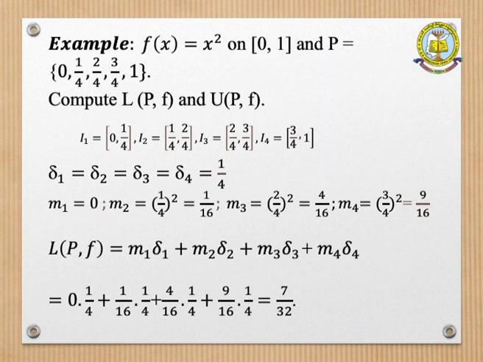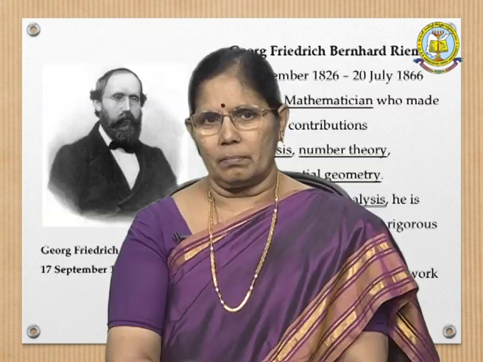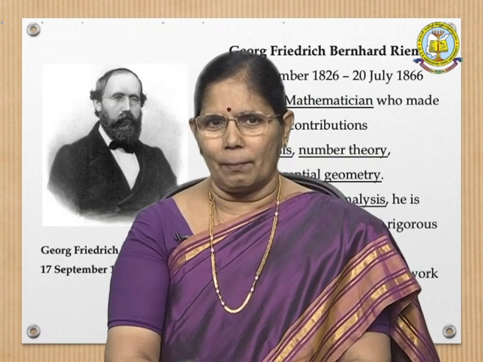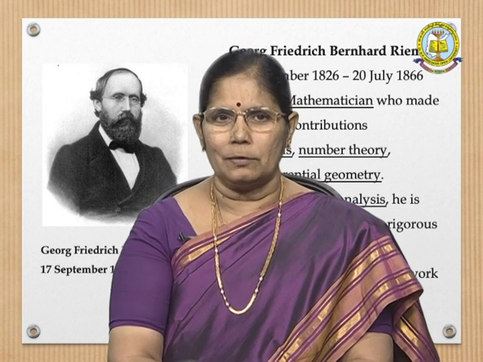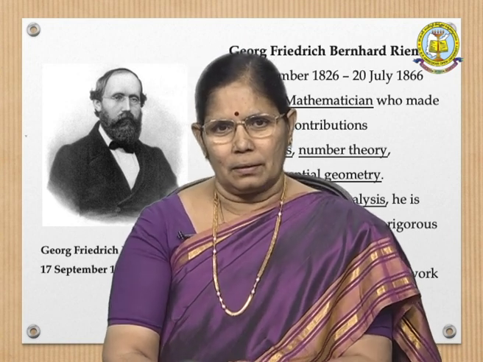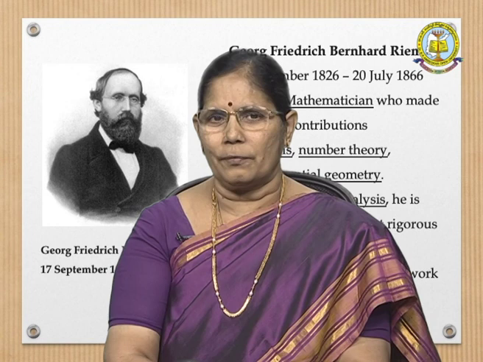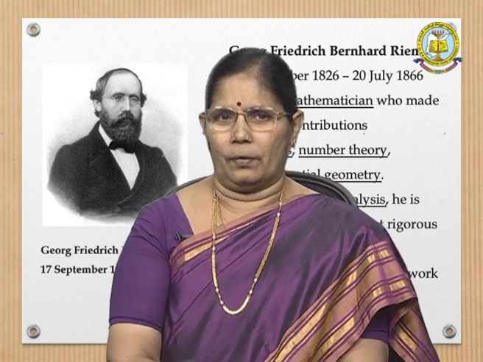That is the first point of each subinterval. For m1 on the interval 0 comma 1 by 4, what is the minimum value? 0. m2 is the minimum value on 1 by 4 comma 2 by 4, like that.